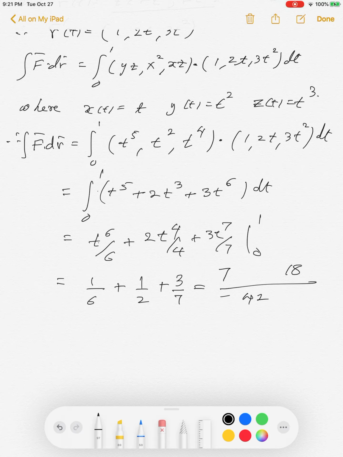And that means the common denominator is 42, 6 7s are 42, 7 6 are 42, so you will get 18 in between, and then 21. 28 plus 18 is how much? 46, isn't it? It's 23 by 21.